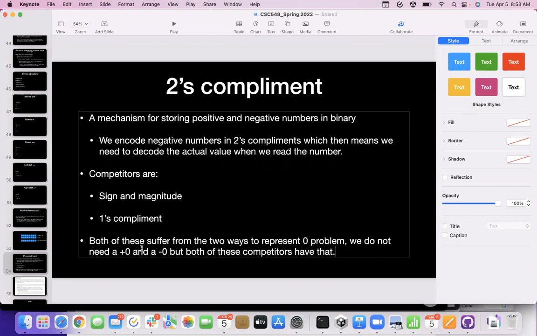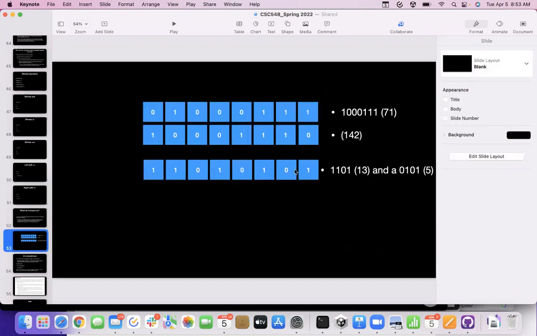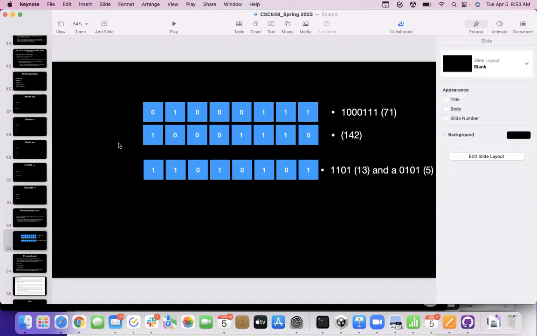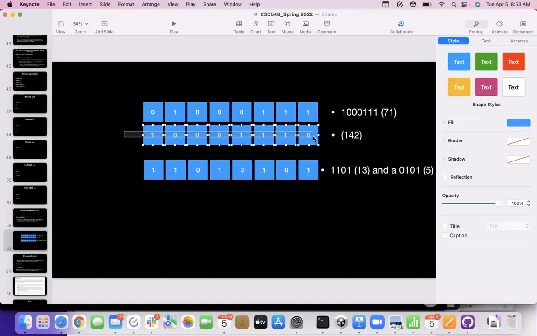But back in our example here, a 142 can fit inside of 8 bits if we're treating this guy as an unsigned number. We're not keeping track of positive or negative here.